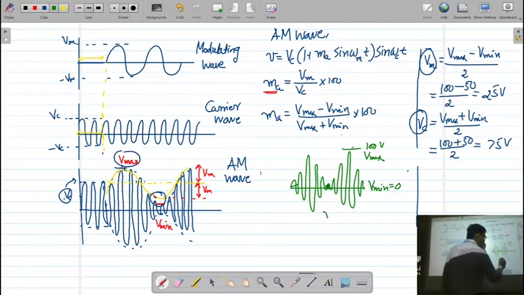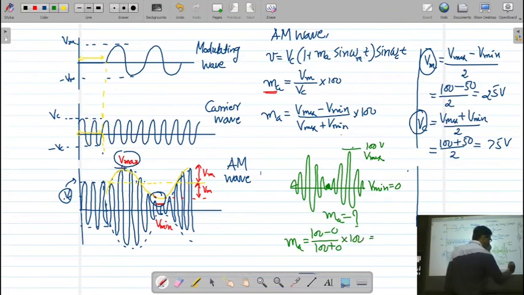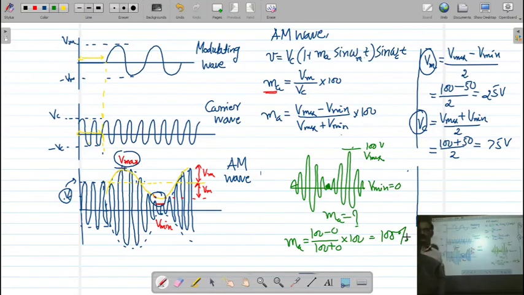Then, what is the modulation index for this kind of waveform? According to the definition, MA is equal to 100 minus 0 divided by 100 plus 0 multiplied by 100. So this will come out to be 100% modulation.